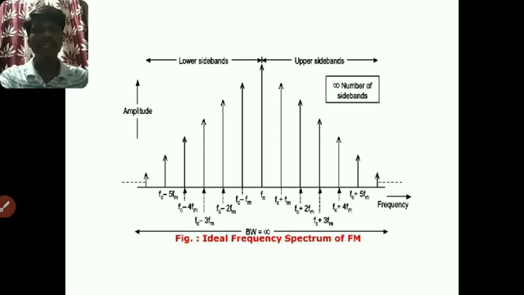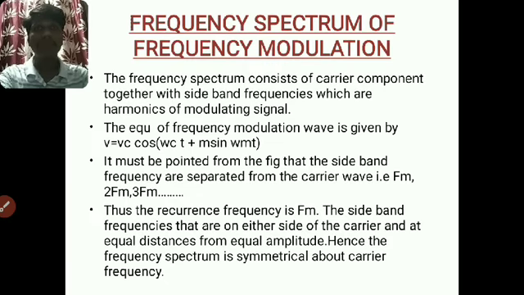So we have to define the frequency spectrum: in frequency modulation the frequency is varied, while the amplitude and phase remain constant.